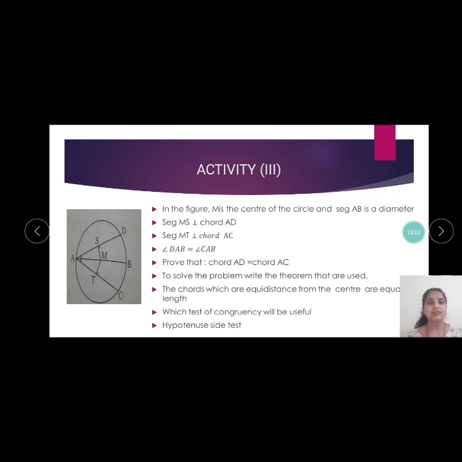Now to solve this, which theorem do we have to use? The theorem is: chords which are equidistant from the center are equal in length. This is the theorem that we are going to use to prove this particular activity, and the test by which the given proof can be proved is the hypotenuse side test.